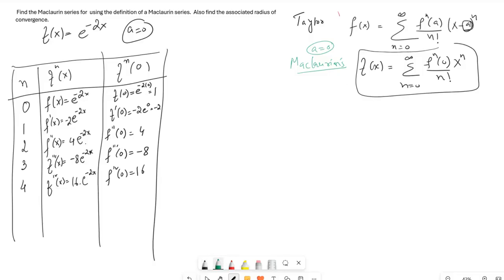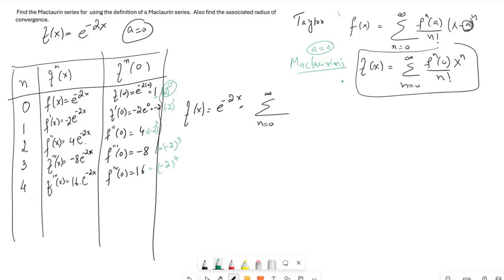Now, there seems to be a pattern here, so we can write our function e to the power negative 2x using our Maclaurin series as sigma n from 0 to infinity of f^(n)(0)... What is it coming to be? Let's note the pattern. The first is negative 2 to the power 0, then negative 2 to the power 1, to the power 2, to the power 3, to the power 4.